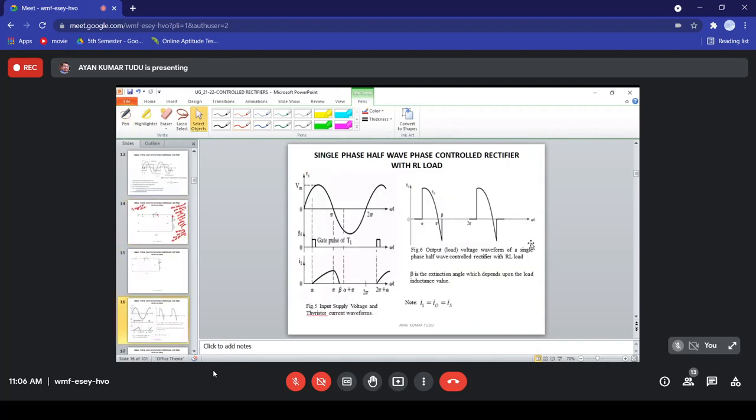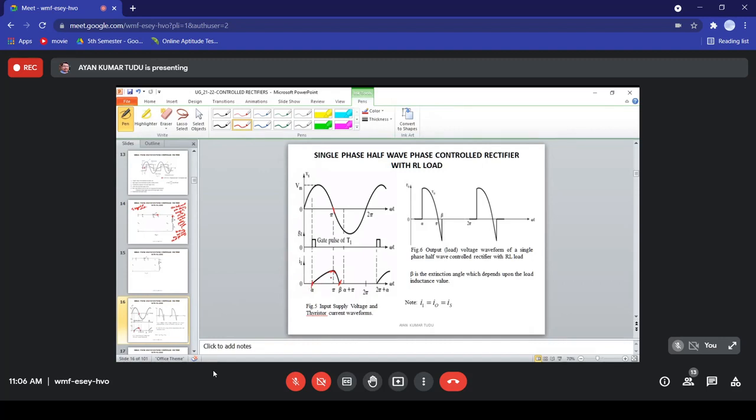As you can see, when the supply voltage is going to 0, the current is still flowing through the thyristor, because the inductive energy is driving the current through T1. The thyristor T1 will be conducting from omega T equal to alpha to beta.